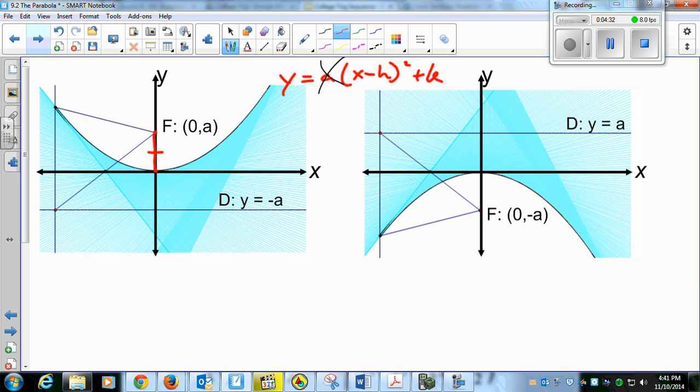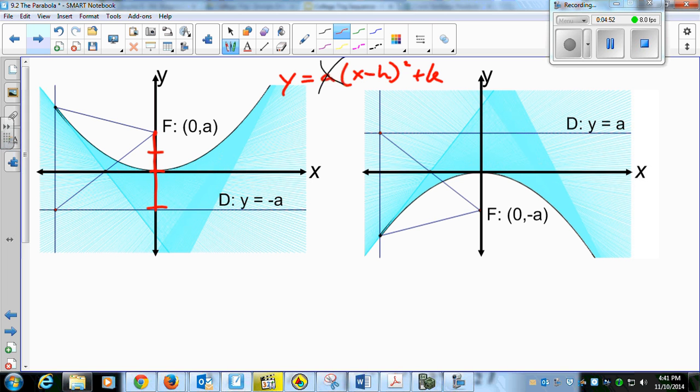Then that means this has to be congruent to that segment. So if we have our focus at (0, a), then that distance is just reflected and we have a directrix at y equals negative a. That's for a parabola facing up.